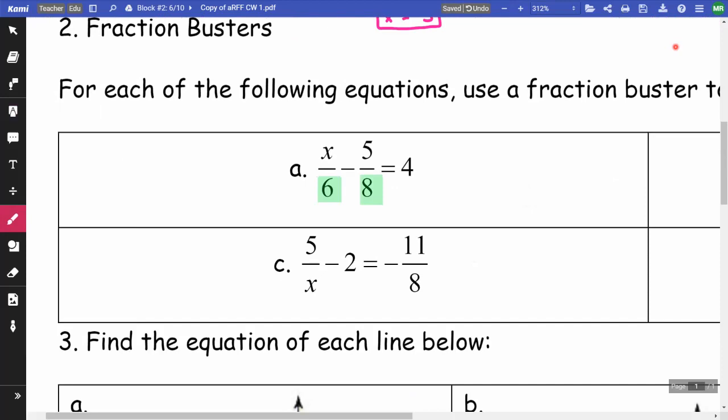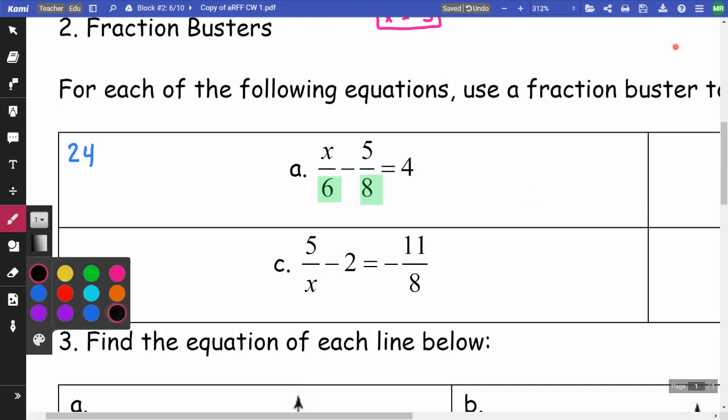So what I'm going to do is take 24 times x over 6 minus 24 times 5 over 8 is equal to 24 times 4.